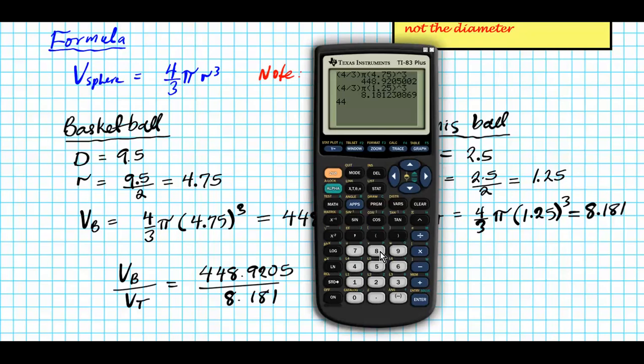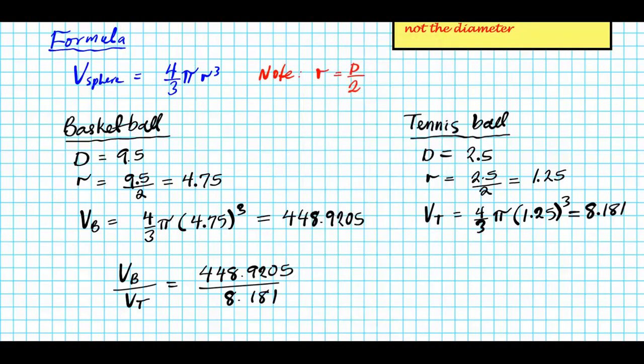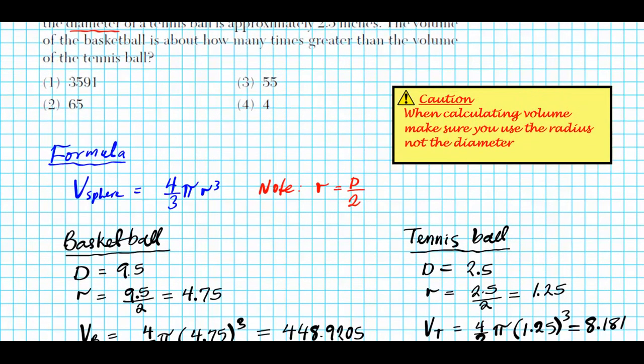The result is 54.872, which, if you round it up, is approximately 55. So our answer is option 3. The volume of the basketball is almost 55 times greater than the volume of a tennis ball.